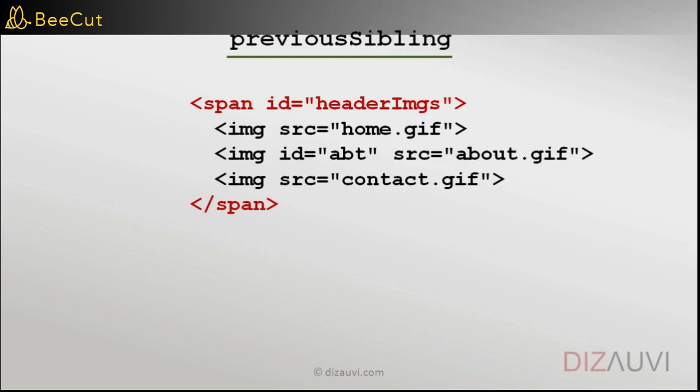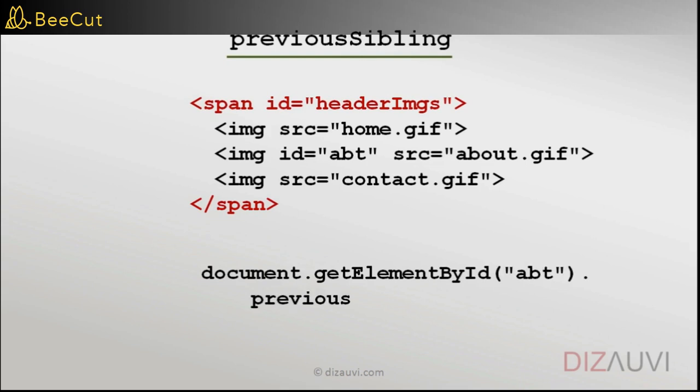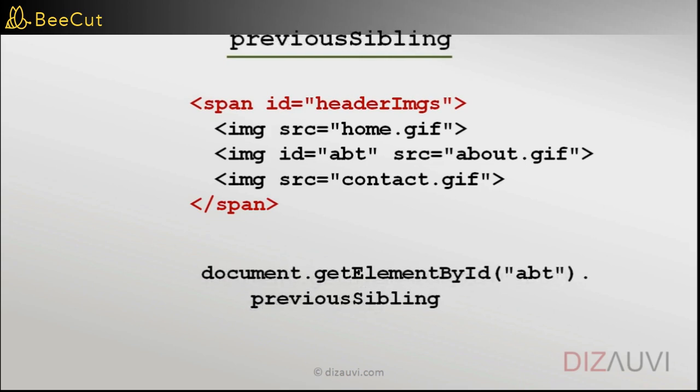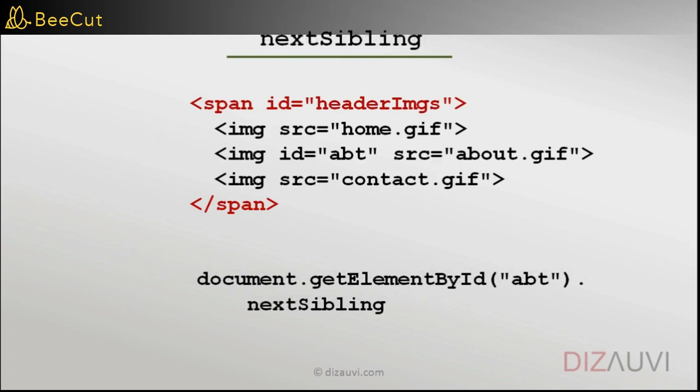We can also access the previous sibling and next sibling of an element like this. First we get to the about image element, and from here the previousSibling property gives us this element, while the nextSibling property gives us this one.